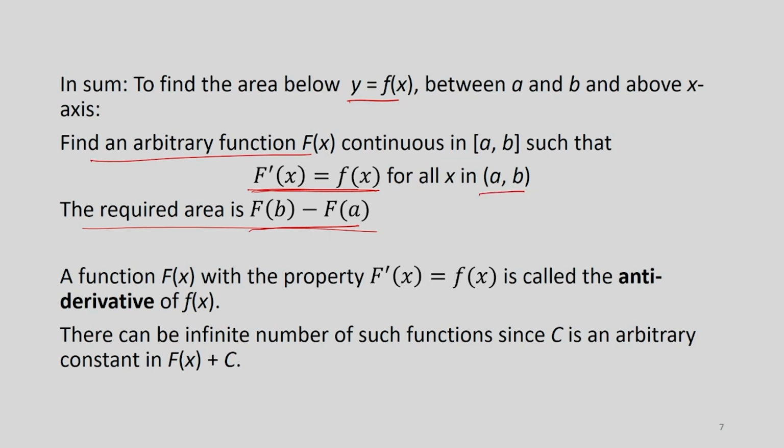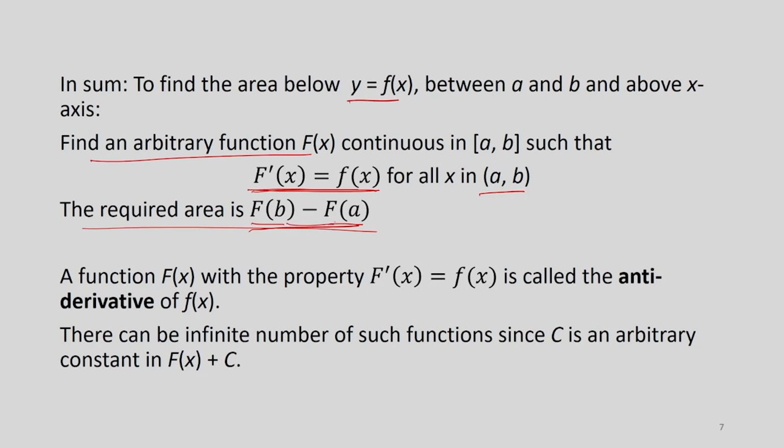And if I can find such a function capital F(x), our task is done. We have to just evaluate this function at b, evaluate this function at a, and take the difference. That is it. Okay. So, that is what this interpretation of area under the function is telling us.